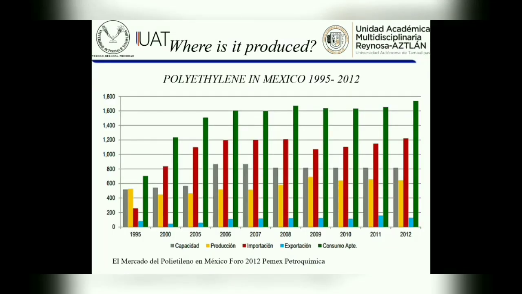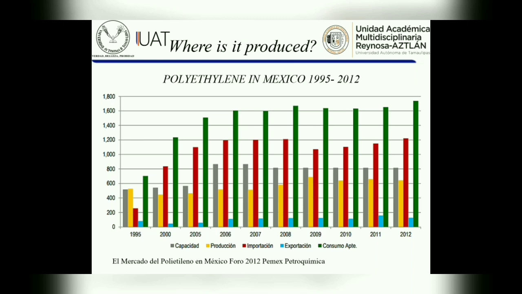Where is it produced? On the following chart, we have polyethylene in Mexico from 1995 to 2012. On graph, we can observe the production capacity in the plants of Mexico. As we can see, the change between these years hasn't improved. The yellow one is the total production, which remains kind of the same.